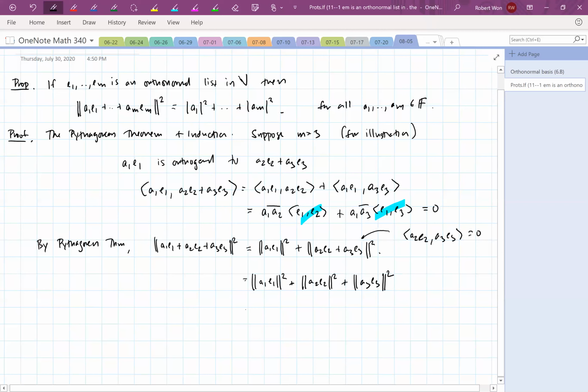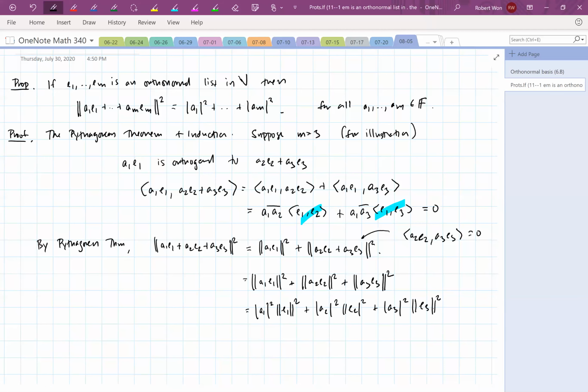So this becomes A1 squared, E1 squared, plus A2 squared, E2 squared, plus A3 squared, E3 squared. And then I assume that the e's are orthonormal, which means that each of the e's has norm 1. So this is just A1 squared plus A2 squared plus A3 squared. Okay, so as you can see, you just keep on using the Pythagorean theorem, and to make it rigorous, probably the best way to do it is to write it by induction.